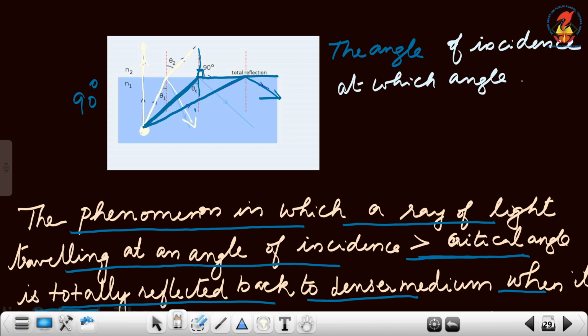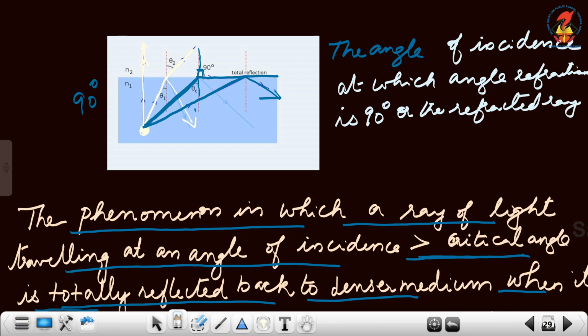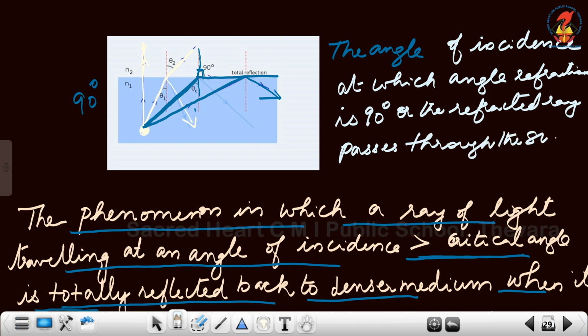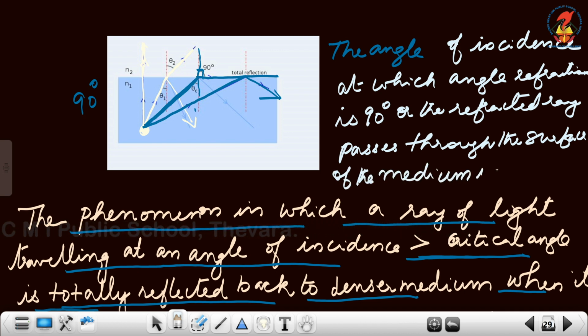the angle of refraction is 90 degrees, or the refracted ray passes along the surface of the medium, is known as the critical angle, denoted by the letter iC.